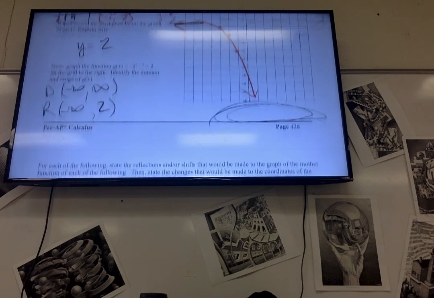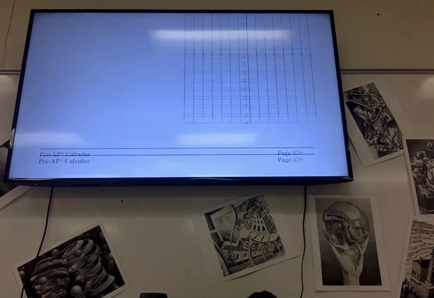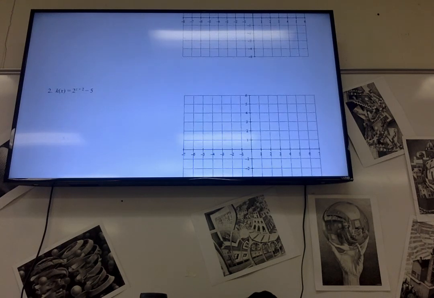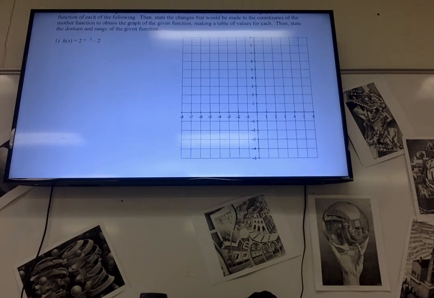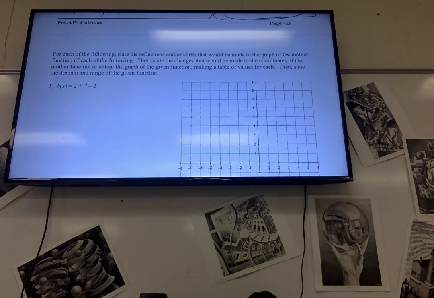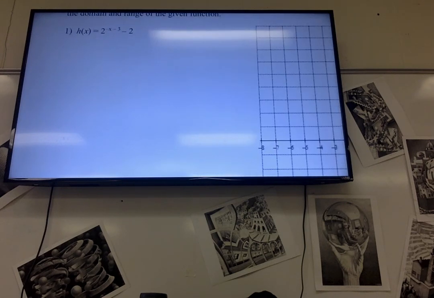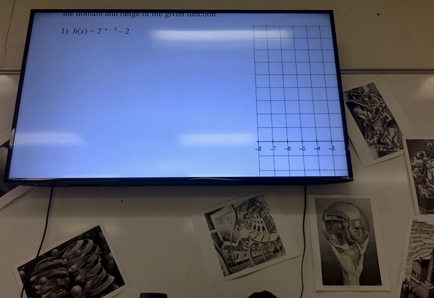We're not going to keep graphing this over and over again. I'm going to jump to, yeah, we'll do this first one, on page 429. We're doing h of x, but we're not going to graph this one this time. What I want you to do is determine if it's growth or decay.